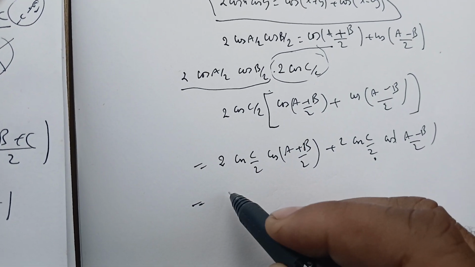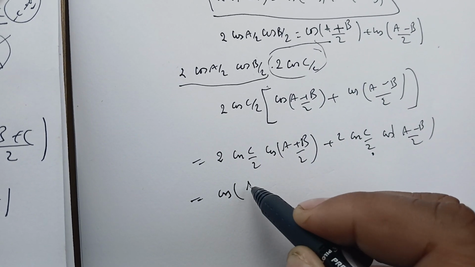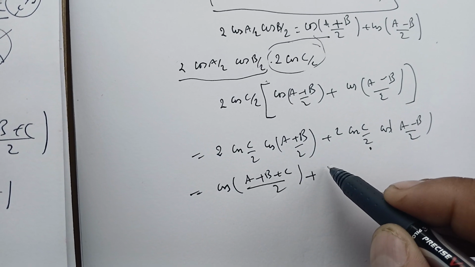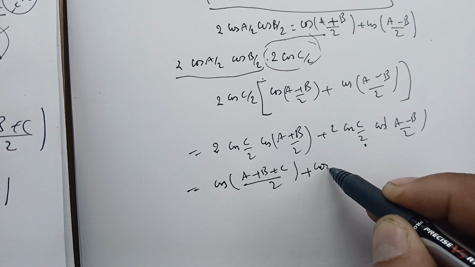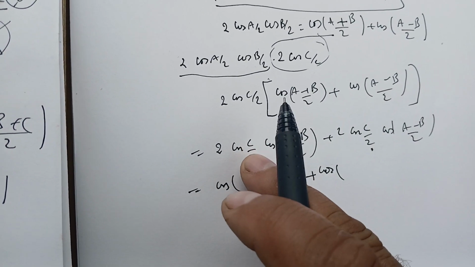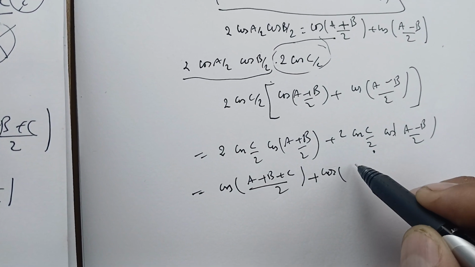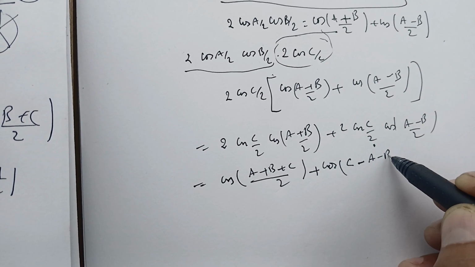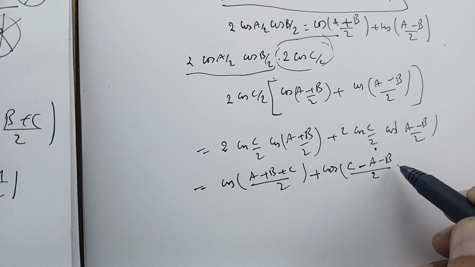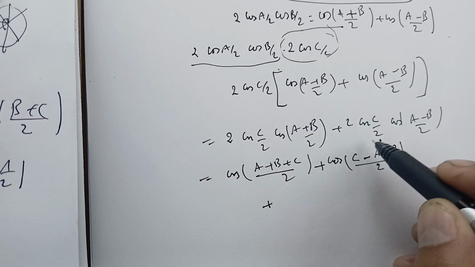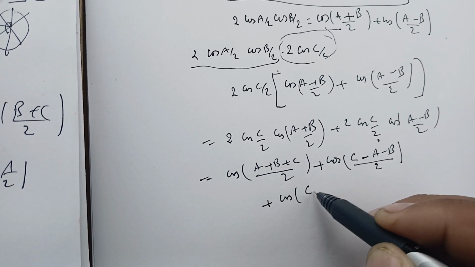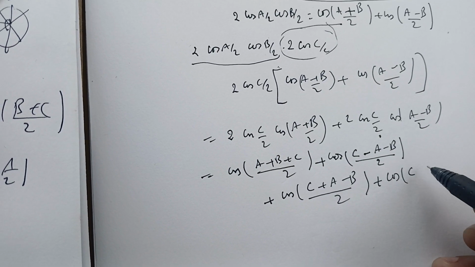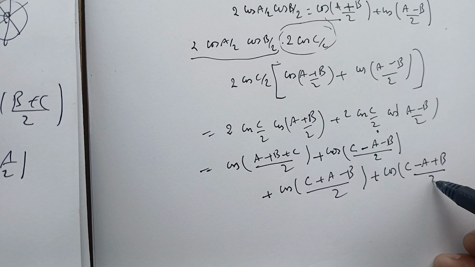Here we get cosine of A plus B plus C over 2, plus cosine of C minus A minus B over 2, because cosine is even, it doesn't matter. Plus cosine of C plus A minus B over 2, plus cosine of C minus A plus B over 2.